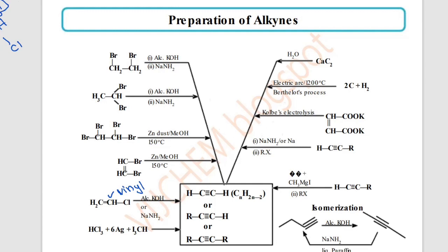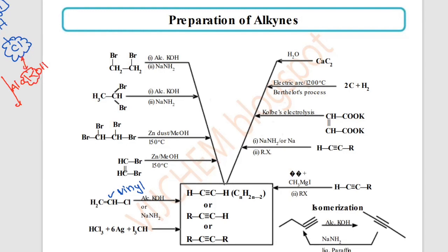So here we have to remove this one and we have to remove this one. Whenever one hydrogen and one halogen are to be removed, then what must we use? We must use alcoholic KOH. Good. So in the alcoholic KOH, this potassium and this Cl, and this hydrogen and this OH minus will be eliminated.